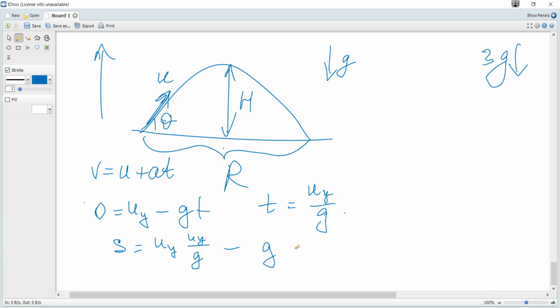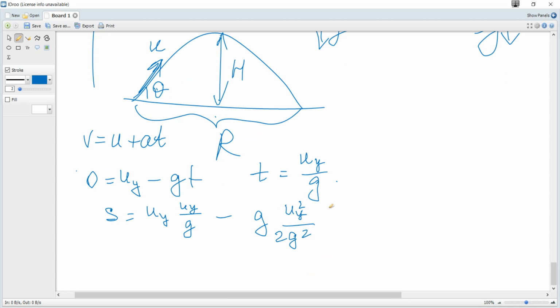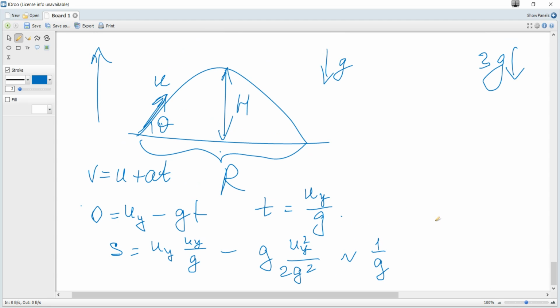So uy over g, u squared and also g squared over 2, and we can see that it's proportional to 1 over g, and hence if g increases by a factor of 3, the height decreases by a factor of 3.